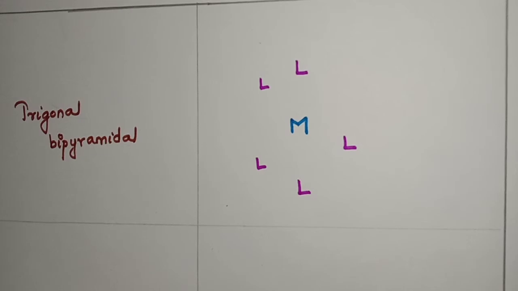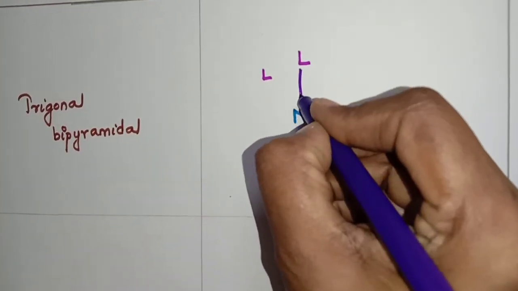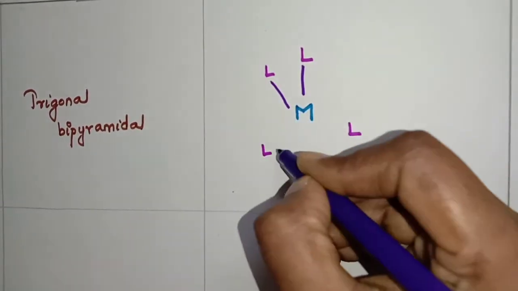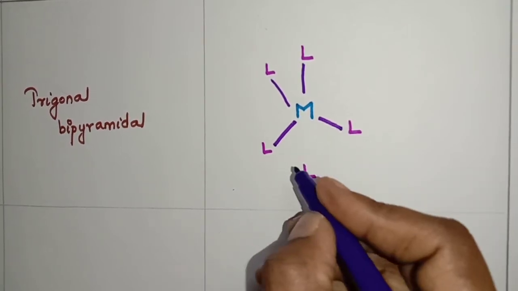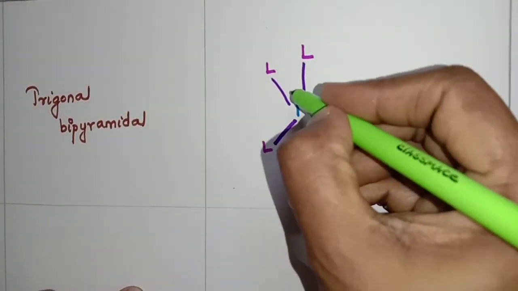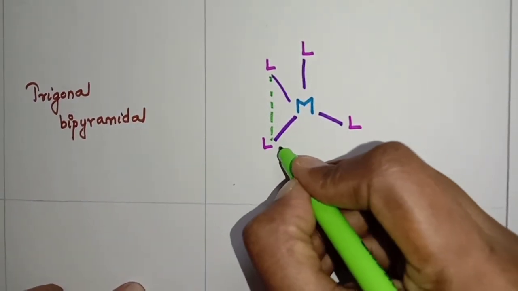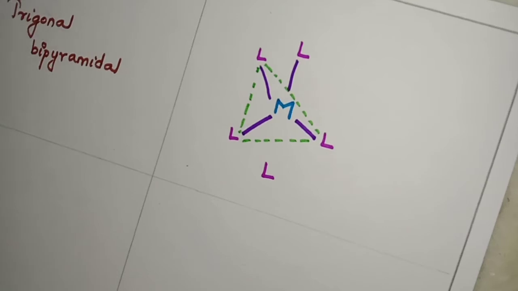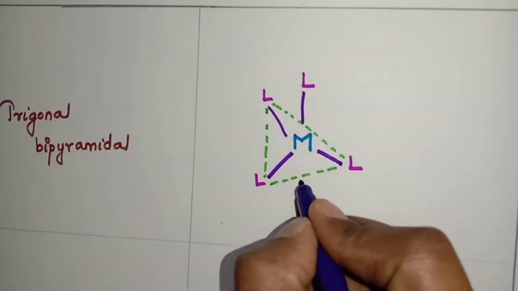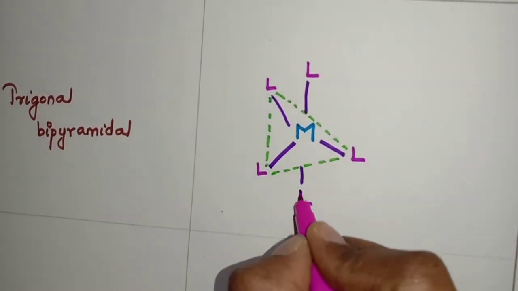So these are the 5 ligands. Like this you should draw the structure of the complex.